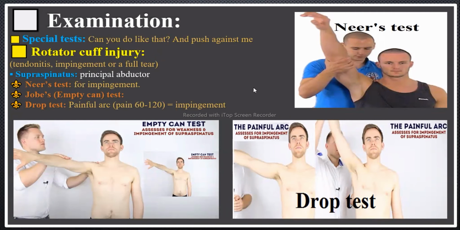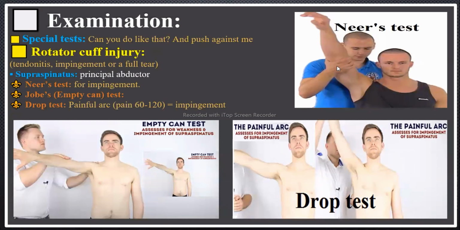Yes, excellent. So here, as the supraspinatus is for abduction, you ask the patient to do abduction and you push him down, right? This is your point. But if I ask him to do abduction, I have to push him down just like the empty can. The Neer test is not as clear as the empty can test. It's confusing.